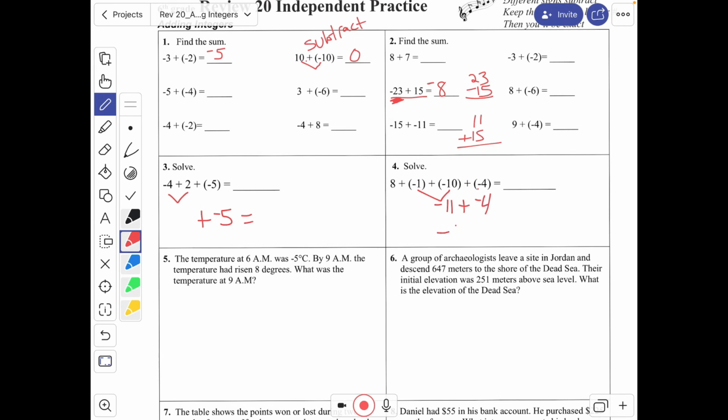And negative 11 plus negative 4 would make negative 15 plus positive 8. So those have different signs. Different signs we subtract and get. And then we take the sign of the higher. So this is negative 7.